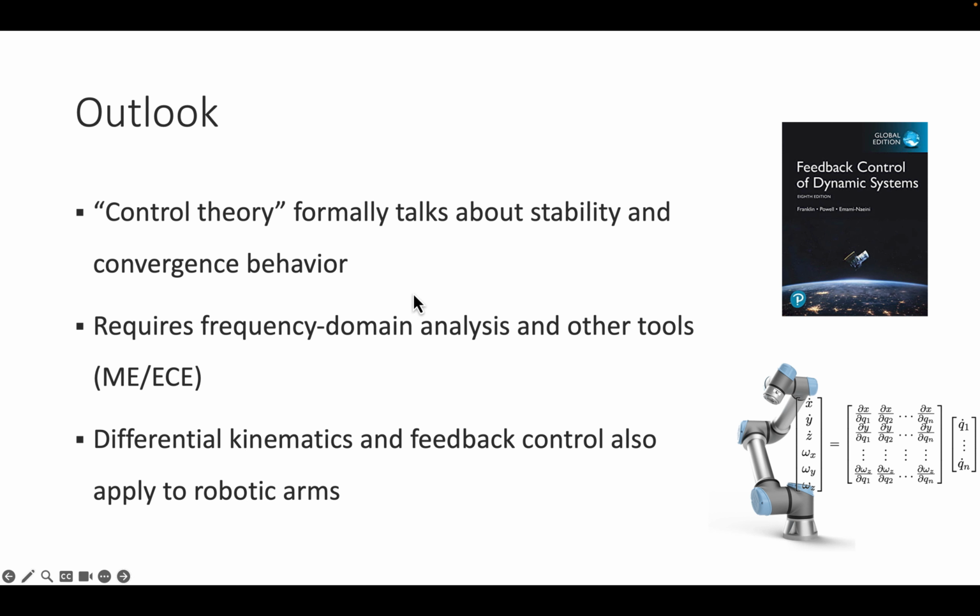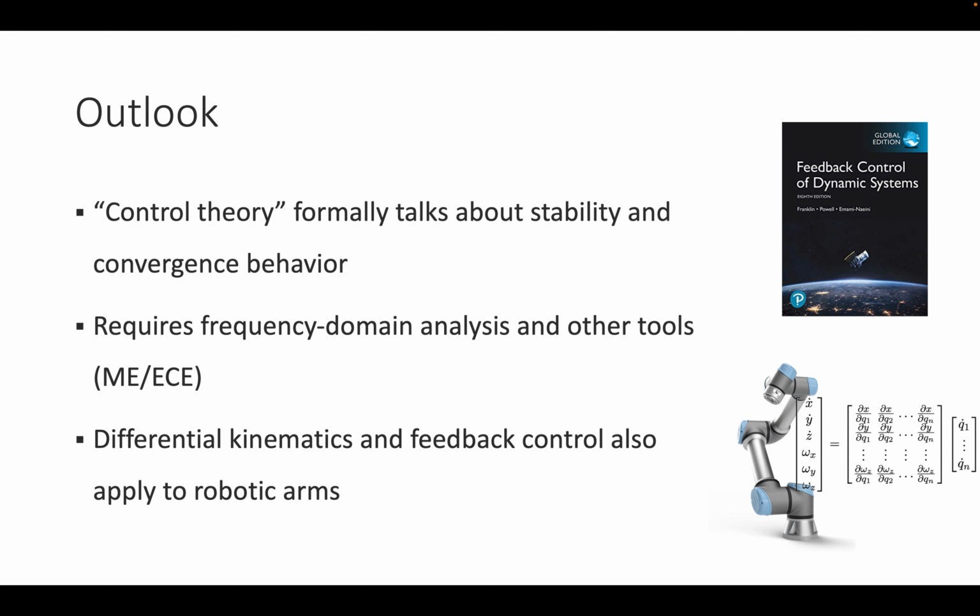This is the textbook I've used when I took that class. It does require frequency domain analysis and other tools that are more in an ME or electrical engineering curriculum, rather than in computer science. But I hope that this intuition and these tools will be sufficient for you to implement basic controllers.